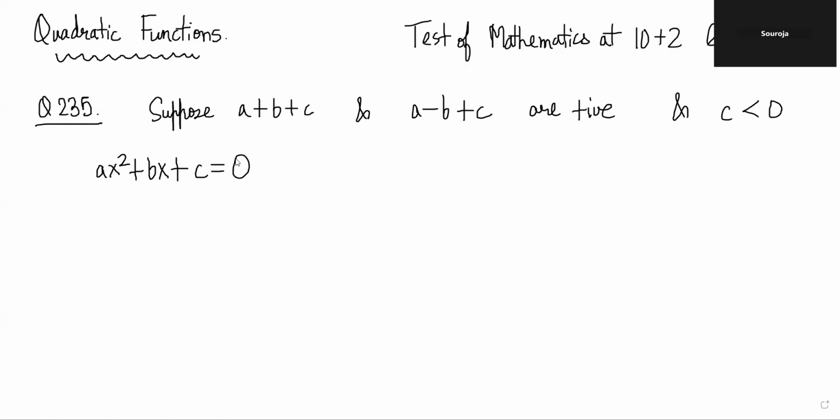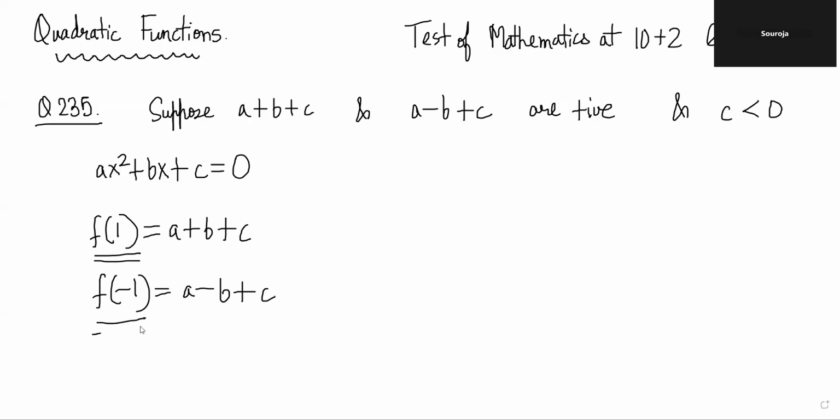So, for the first option, I just put 1 as x and minus 1 as x. And both of them are positive. So basically we have figured out that f of 1 and f of minus 1 are both positive.